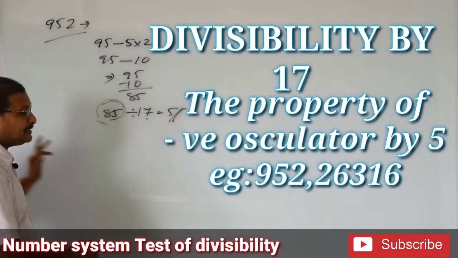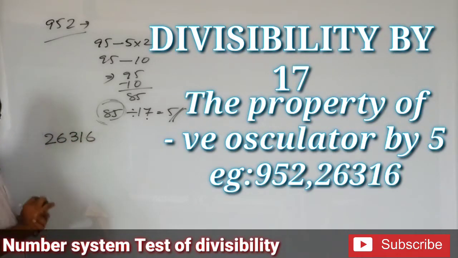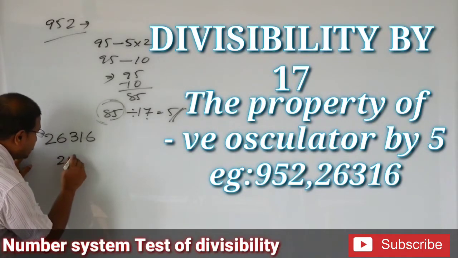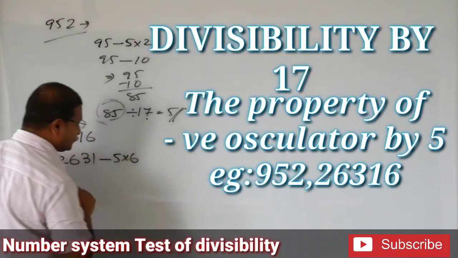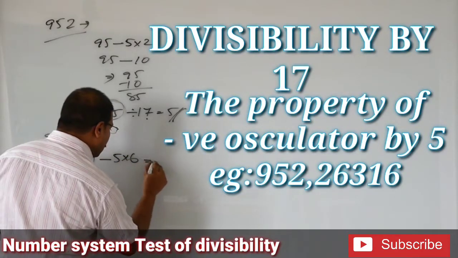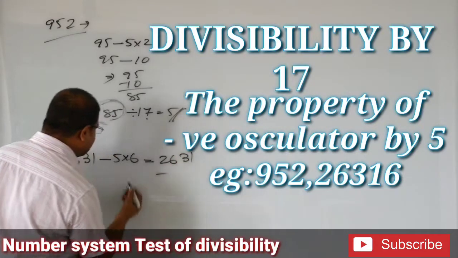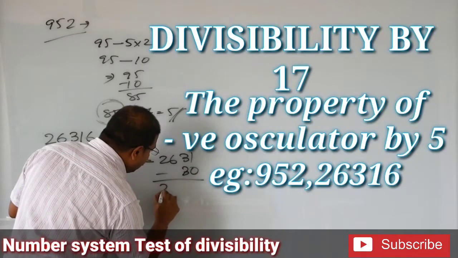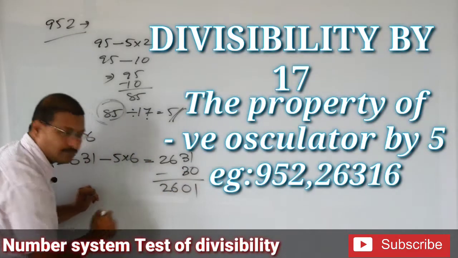Ready? Next, let's see the next number. 26316. What will you do? Negative oscillator by 5. That means 2631 minus 5 into 6. This equals 2631 minus 30, which gives 2601.